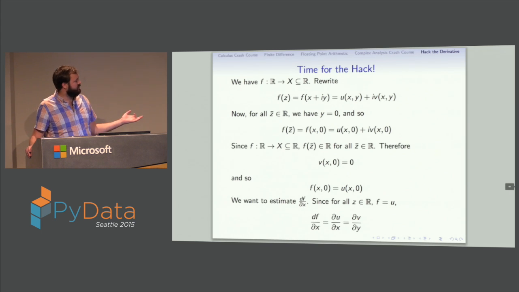We're trying to take the derivative of f with respect to x, and for all of the z's that are part of R, we know that f equals u. So the derivative of f with respect to x is equal to the derivative of u with respect to x, which we know from the Cauchy-Riemann equations is equal to the derivative of v with respect to y.